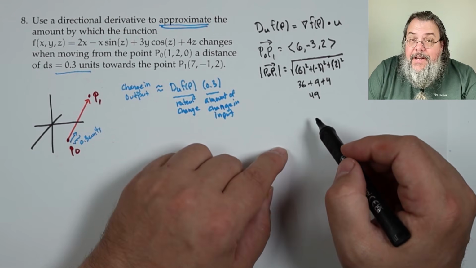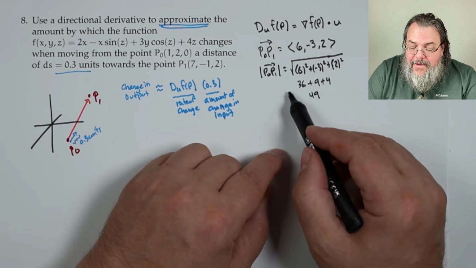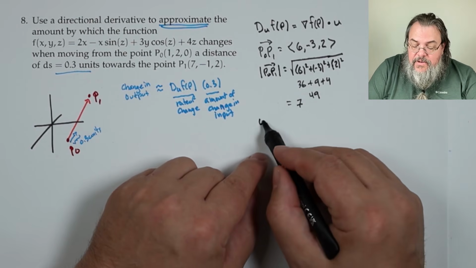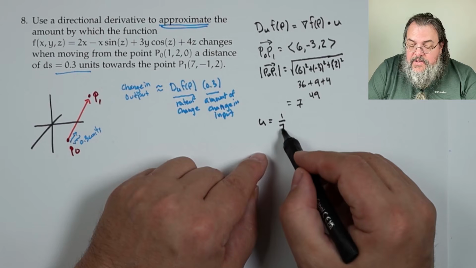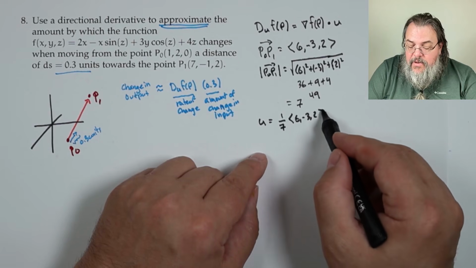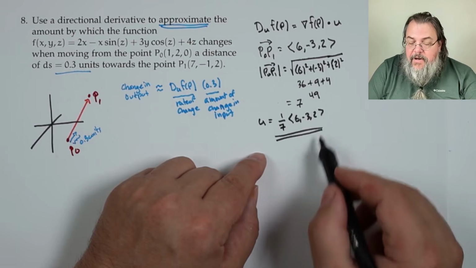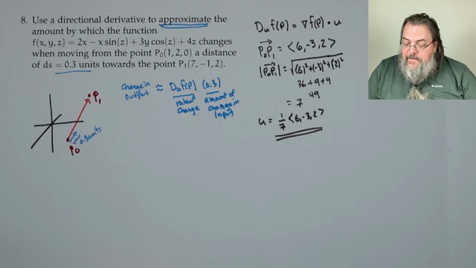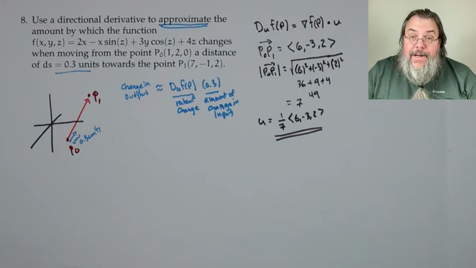The square root of 49 is 7. So what is u? u is 1 over 7 times (6, -3, 2). Okay, so that's a part of our computation. That's our dot u. Now we have to find our gradient.